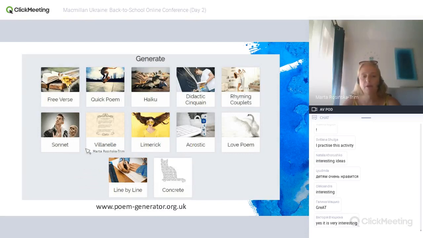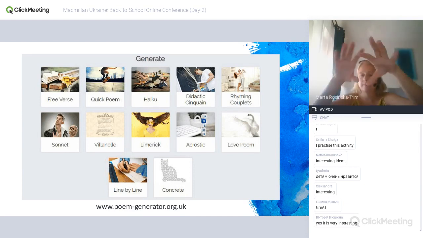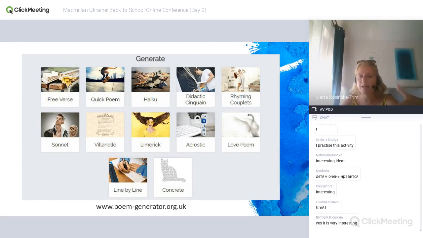And there are, as you can see, various poems that you can create very simply by putting in certain words, and the application creates a poem for you. It's brilliant because the students don't actually have to write poems themselves, but they can practice the words, or you can practice the words that you want them to remember in the form of a poem. So I do recommend this from time to time as a break from your everyday routine.